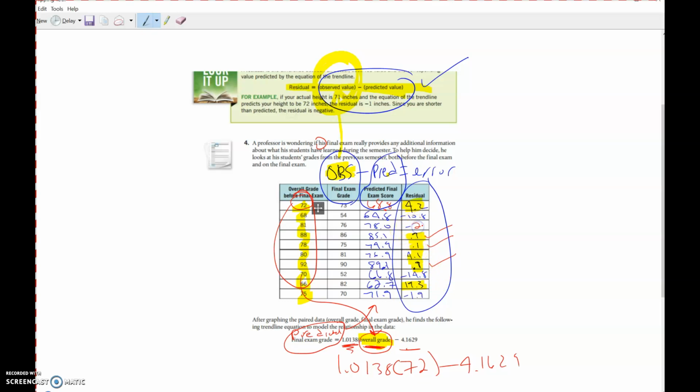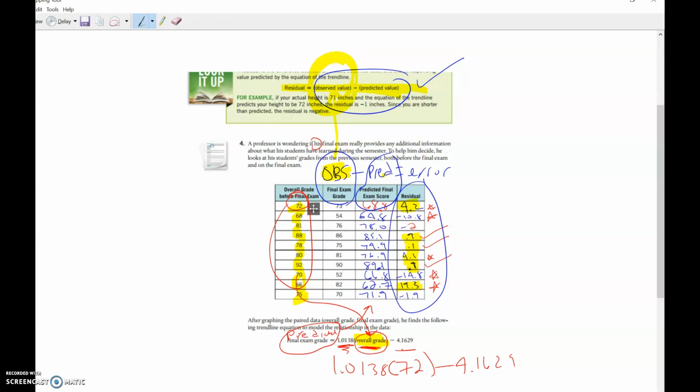But the reality is this is off by 11, this is off by 19-ish, 15-ish, 4-ish, 4-ish. So a lot of them are off by more than just 1%. So I would say that it's too far off, and that they probably need to give the final exam. So residuals just kind of tell you what your error is. All right, I'm going to stop there and then go ahead and work on this section.